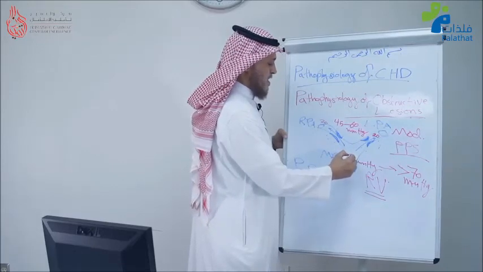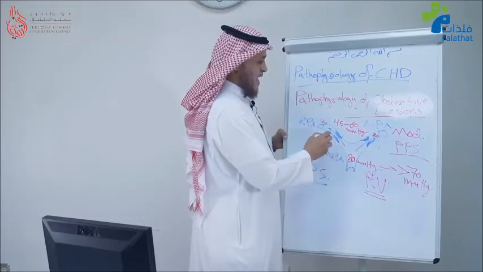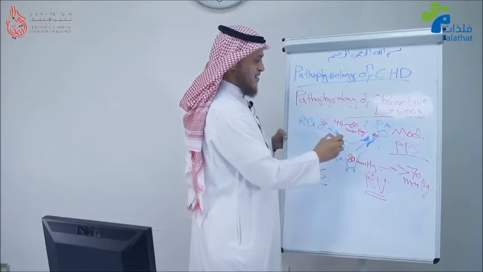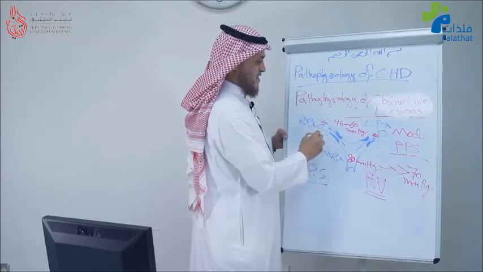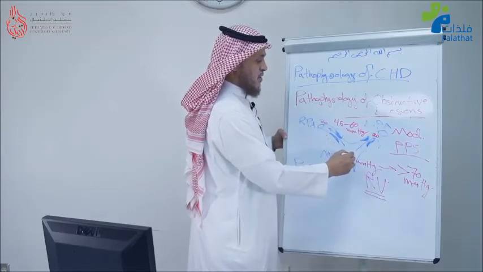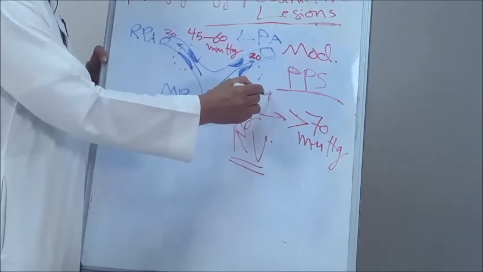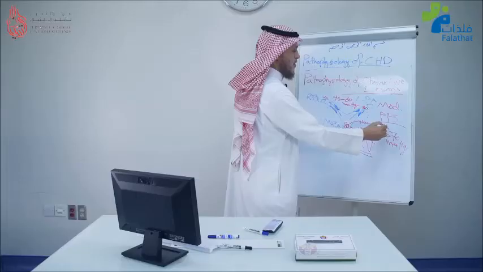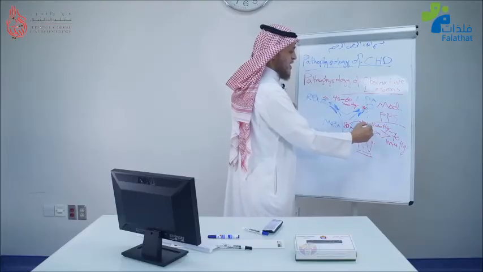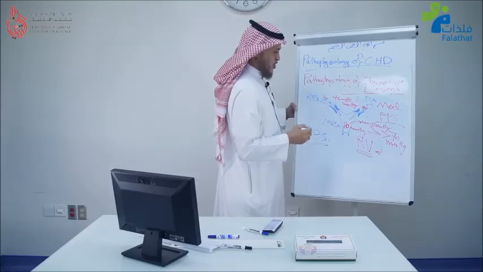So again, you start seeing significant obstruction. And if it was bilateral, let's say this is 60 and this is another 60 here, this number can go up to 100 to 120 millimeter mercury. Extremely severe, and that will be the right ventricular systolic pressure.